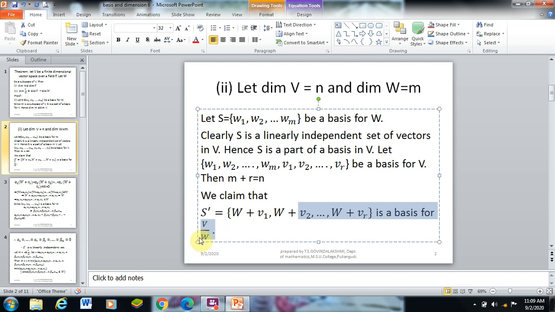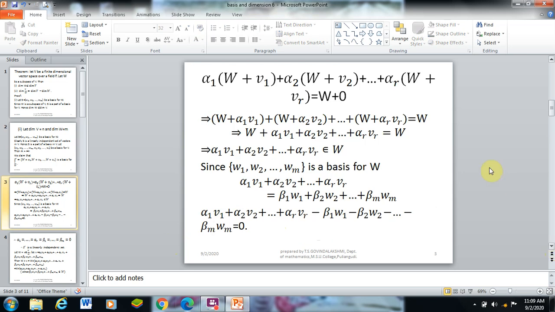Here V by W has elements of the form W plus v1, W plus v2, etc., W plus vr, and this is a basis for V by W. So alpha 1 (W plus v1) plus alpha 2 (W plus v2), etc., alpha r (W plus vr) equals W plus 0.